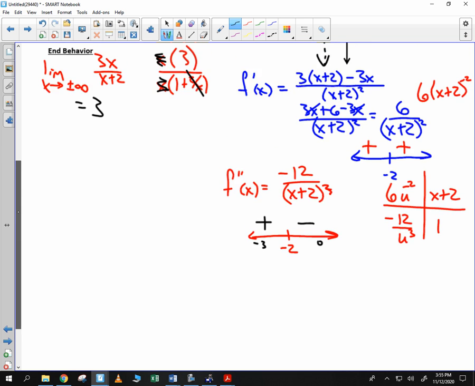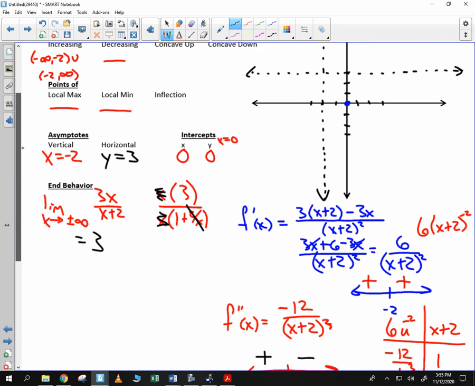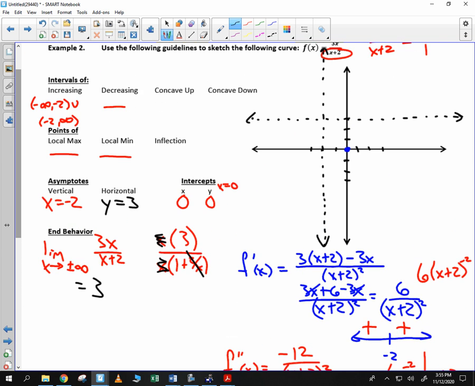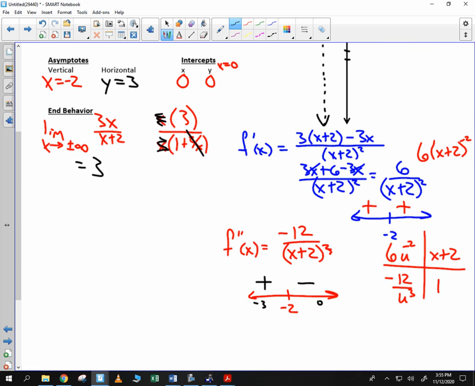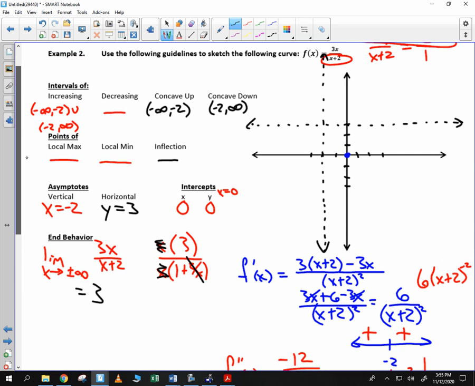What that tells me is that this function is concave up from -infinity to -2. It's concave down from -2 to infinity. There's no inflection because people say, well, it changes sign at -2, but -2 is not part of the domain, so we cannot count it.